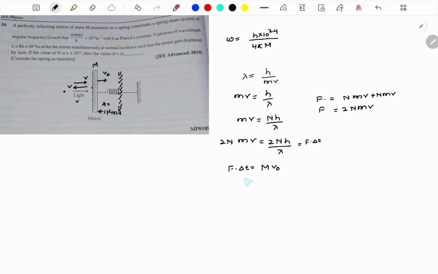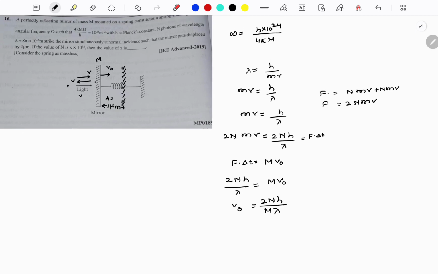So I can easily apply 2nh by lambda is equal to mass of the mirror into the velocity that it acquires after the collision of the n photons. So the velocity of the mirror after the collision became v naught is equal to 2nh by capital M lambda.